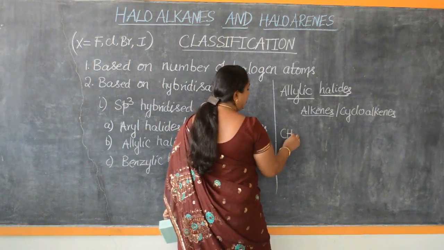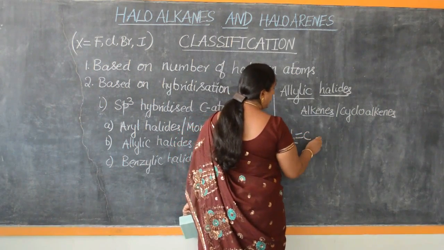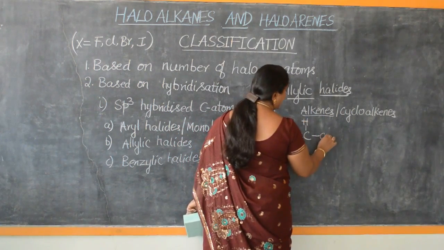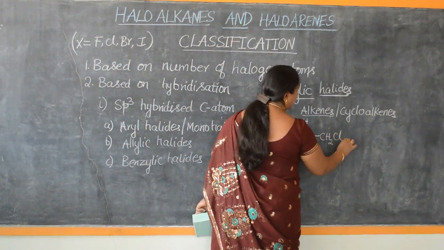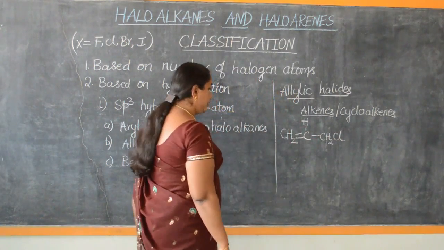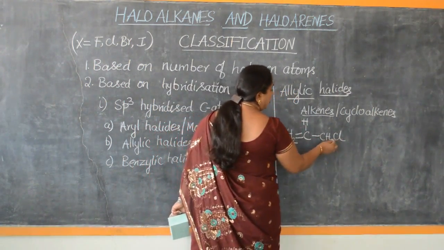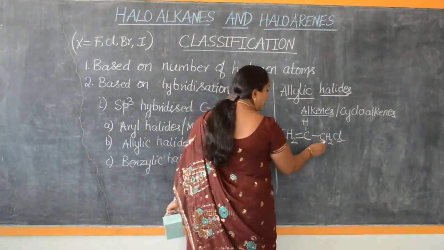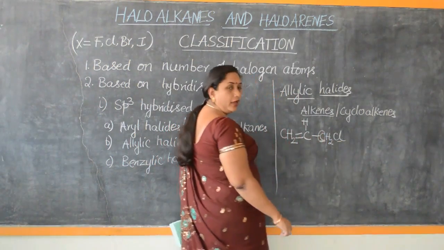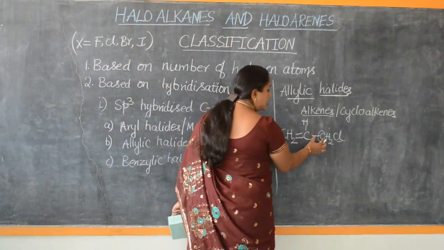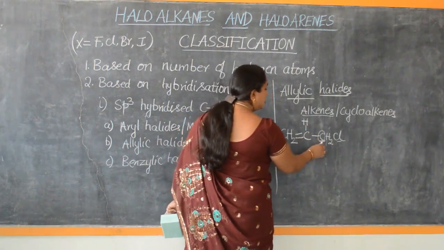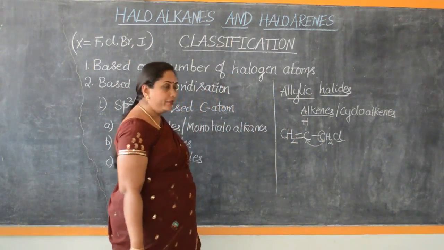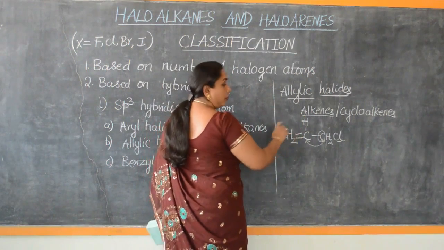Now, let us take up an example so that this concept becomes clear. Now, look at this case. This is the halogen atom which is attached to the carbon atom, and this carbon atom is involved in sp3 hybridization, and this is a saturated carbon atom. This in turn is attached to the carbon atom which is involved in the double bond.